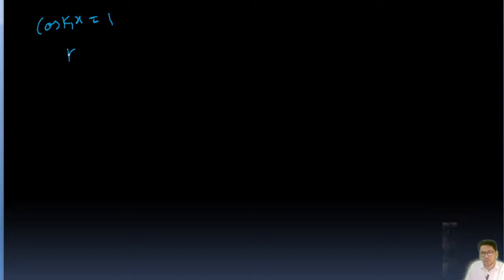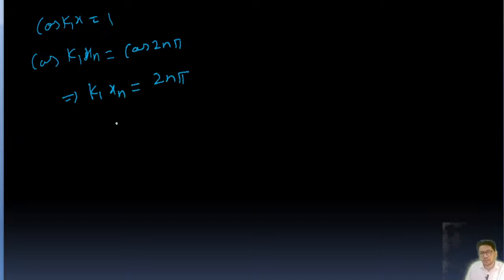So this means k1xn equal to 2n pi, this is cos 2n pi, sorry. Cos k1x equal to cos 2n pi. This means k1xn is going to be 2n pi, right? So xn is going to be 2n pi upon k1.